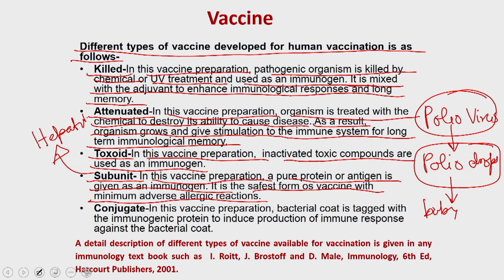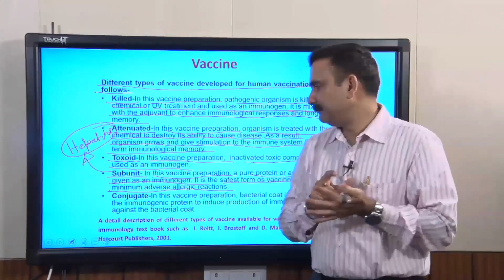The vaccine you use for hepatitis is the hepatitis surface antigen, which you have cloned using recombinant DNA technology, and then produced as a protein. You inject this surface antigen into human beings so that the body develops antibodies against it, and that is how you develop a robust immune response against the hepatitis virus.